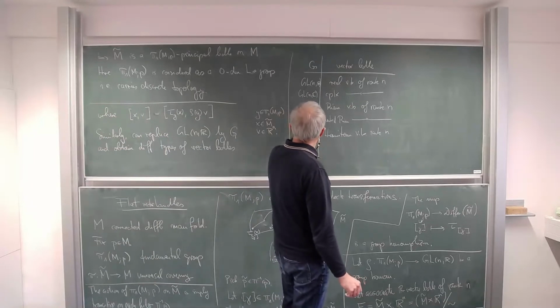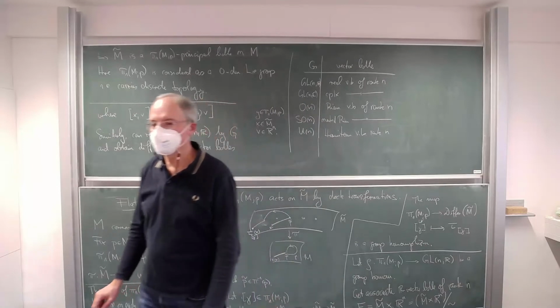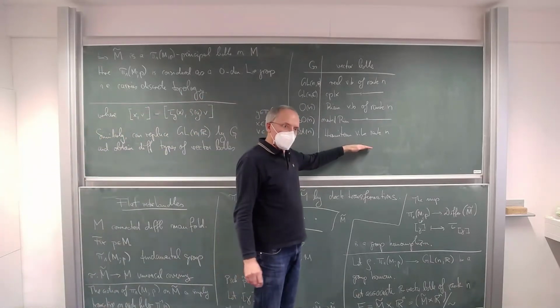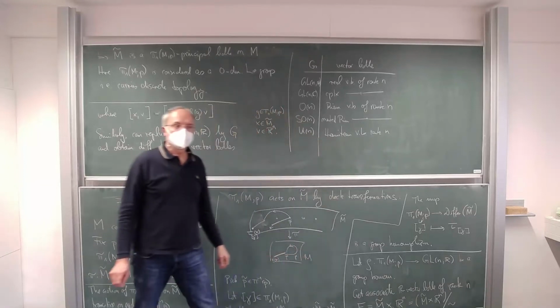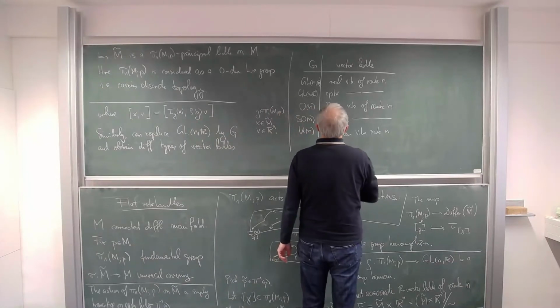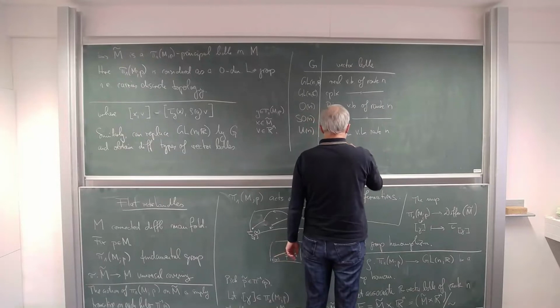And what group would you have to take if you wanted an oriented real vector bundle? In order to get an oriented real vector bundle here, what would you have to take? So here this is oriented Riemannian, but oriented without Riemannian structure.